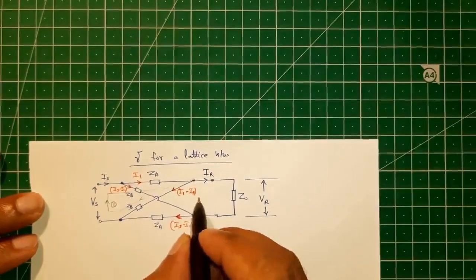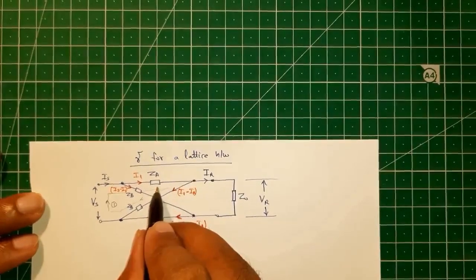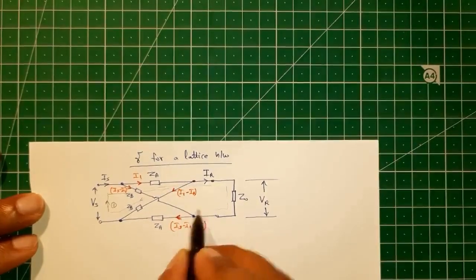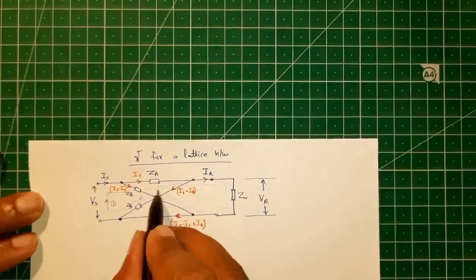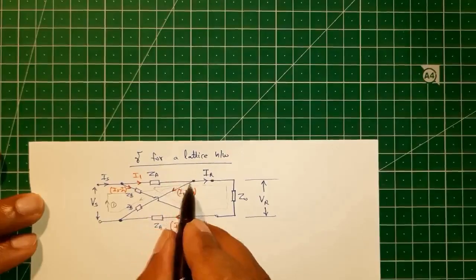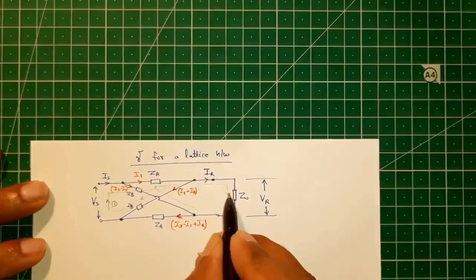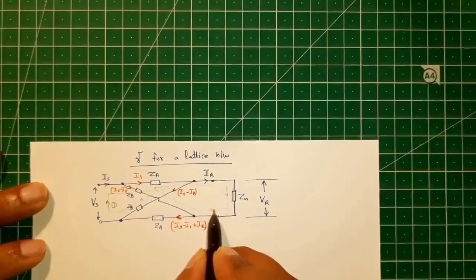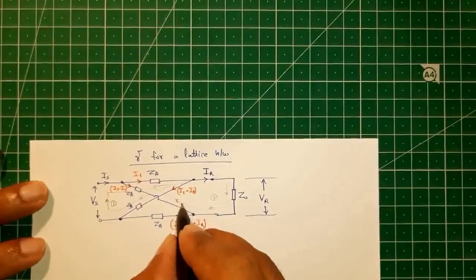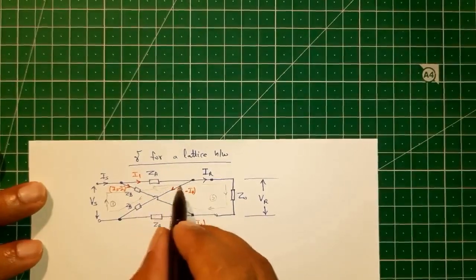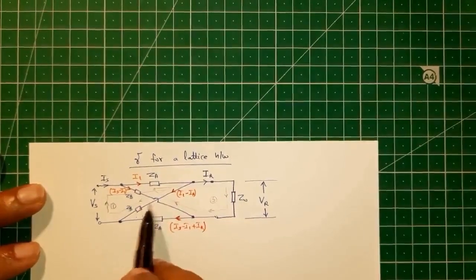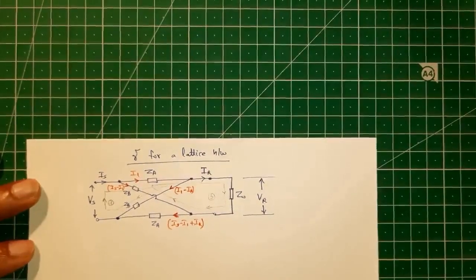Similarly, we can also consider one more loop which goes through the characteristic impedance Z0, then through this diagonal arm like this, and then coming back through ZA. So this is our loop 2, going through ZB and then through ZA. So we can consider any loop. Okay, so this is one particular method that we are discussing.